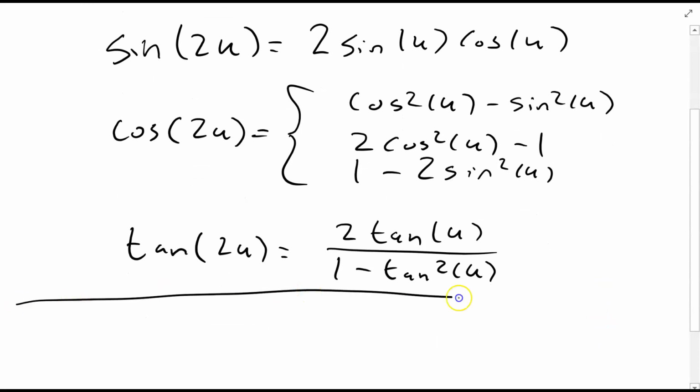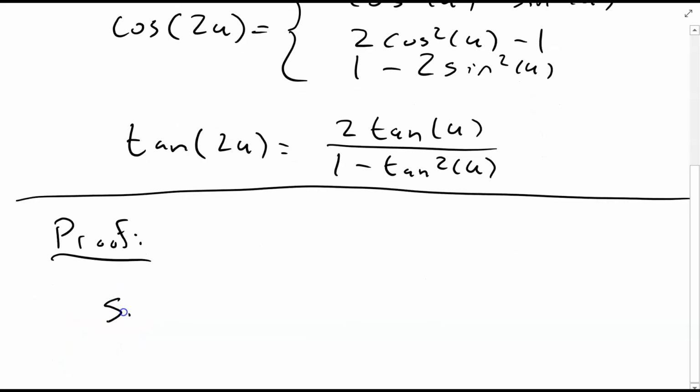So let's say I wanted to prove or derive the sine of 2u. I'm going to use the identities that we just developed last time.